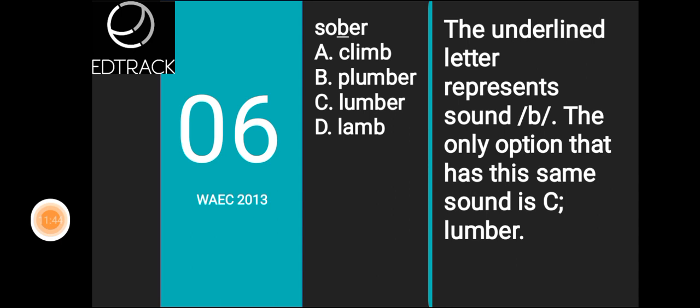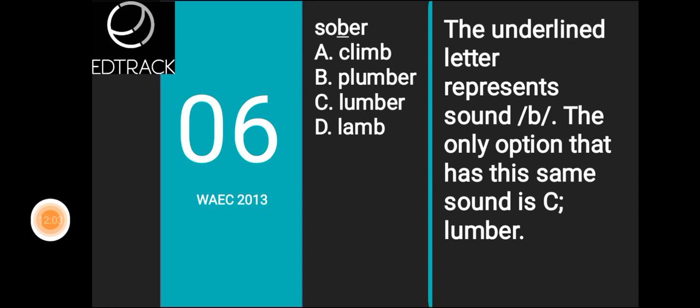You might be wondering that this word has related spelling with option B. Why then is the letter B that we have in the word silent and the one we have in option C is pronounced? Well, that's one of the problems of English language.